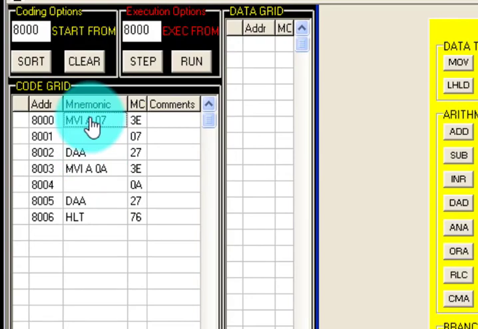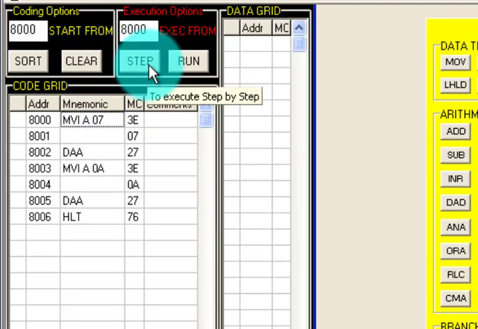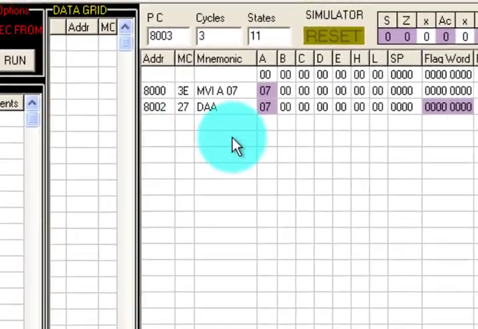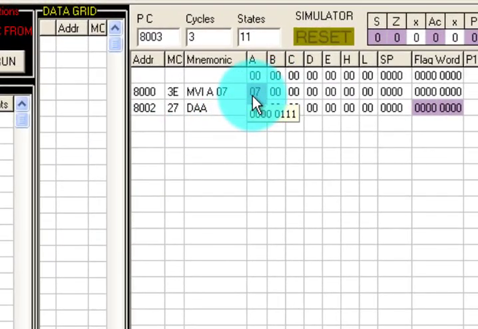With the first instruction MVI A, we have 07 stored in A. With the next step DAA, because the data is already in BCD format, 0 and 7 are valid BCD codes, so 07 does not change.